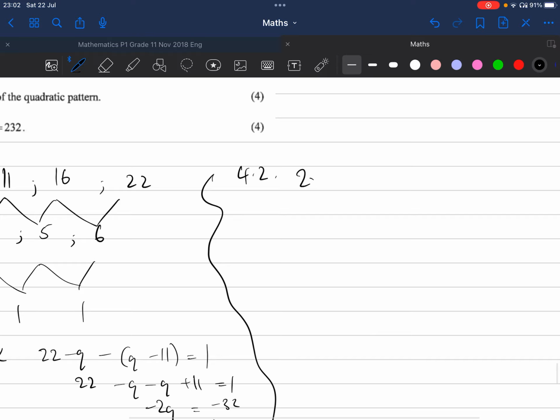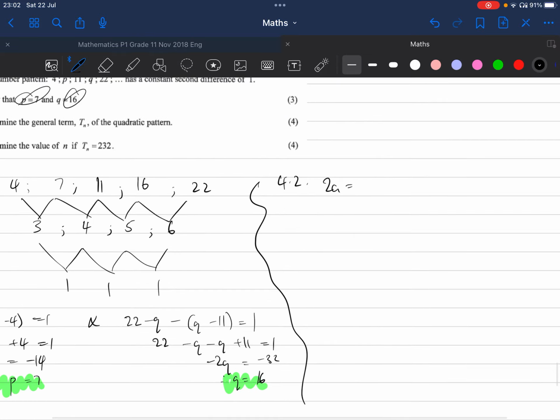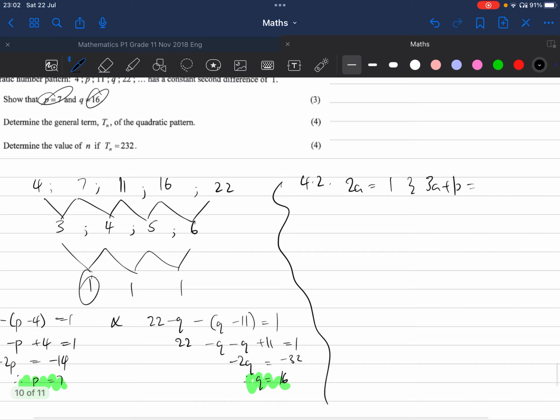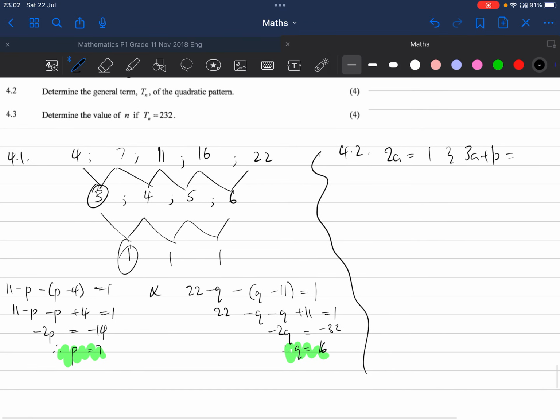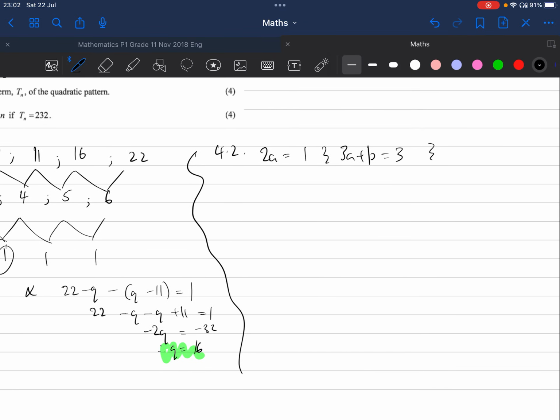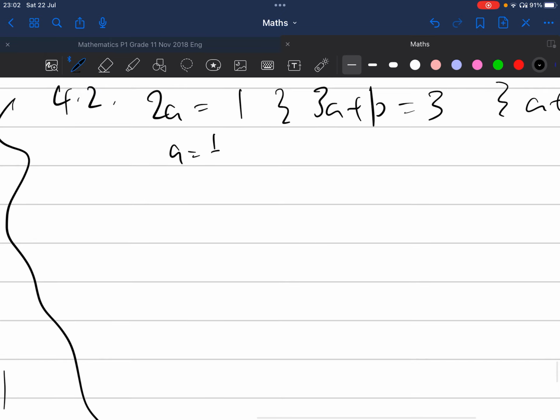So we can say that 2a is equal to 1, and 3a plus b equals 3, and a plus b plus c equals 4. Cool. So a equals a half.